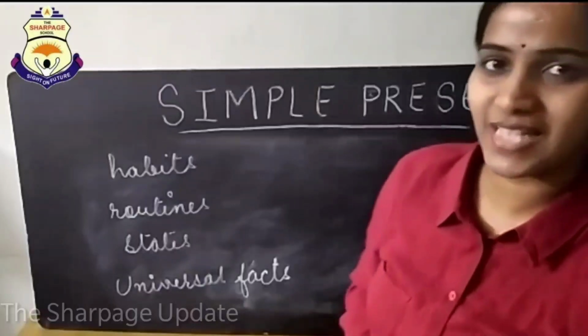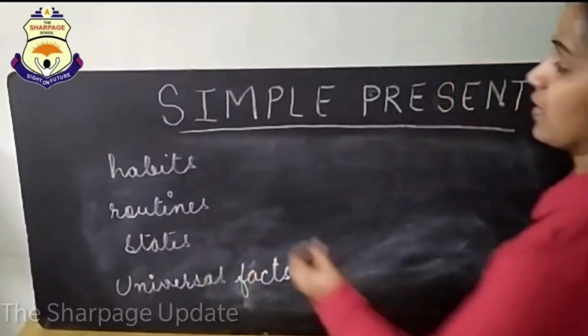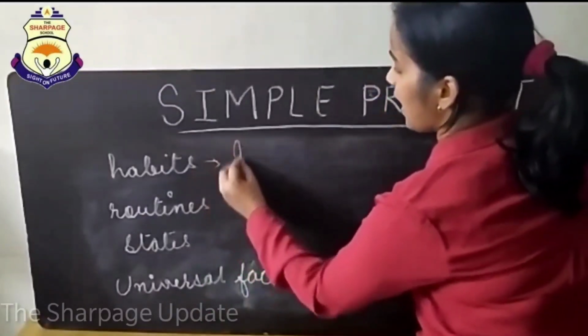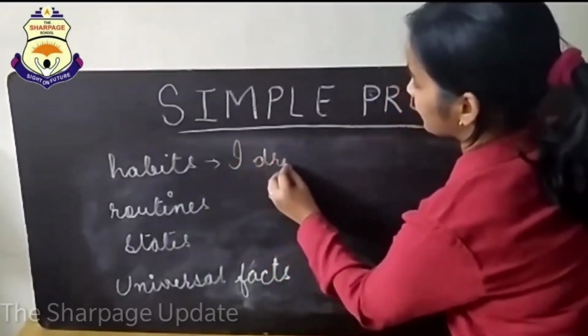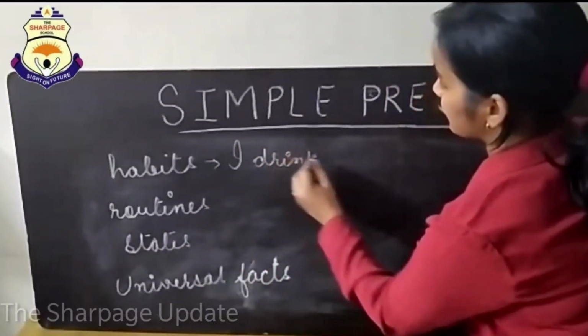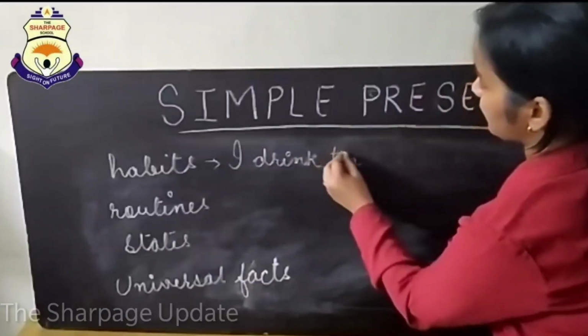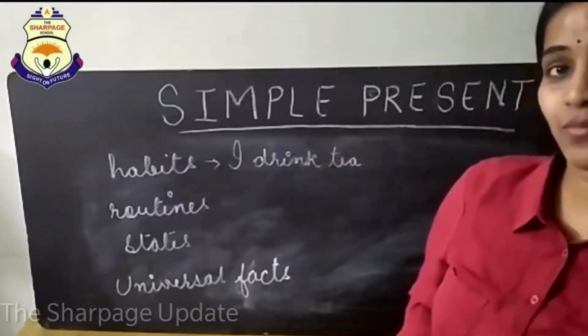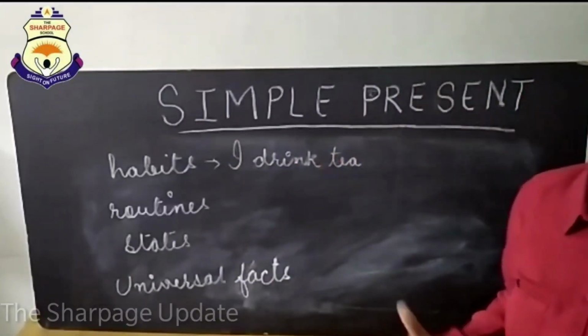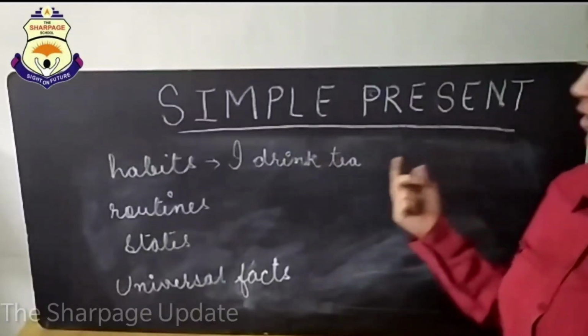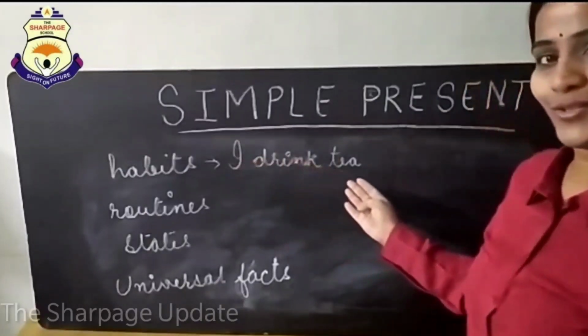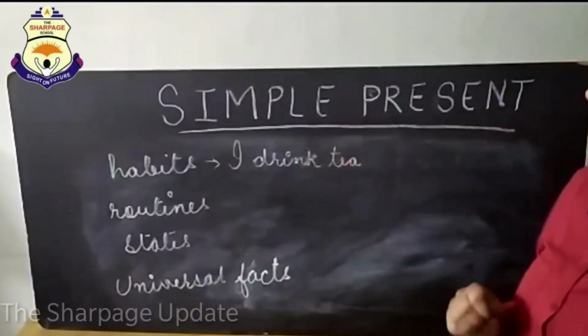Let's take an example for each. Habits: I drink tea. If I say I am drinking tea, it doesn't show habit. So for habit, we have to make the sentence in simple present.